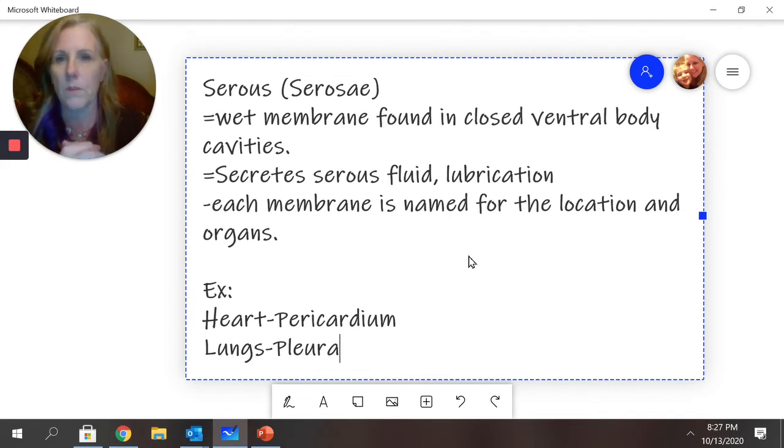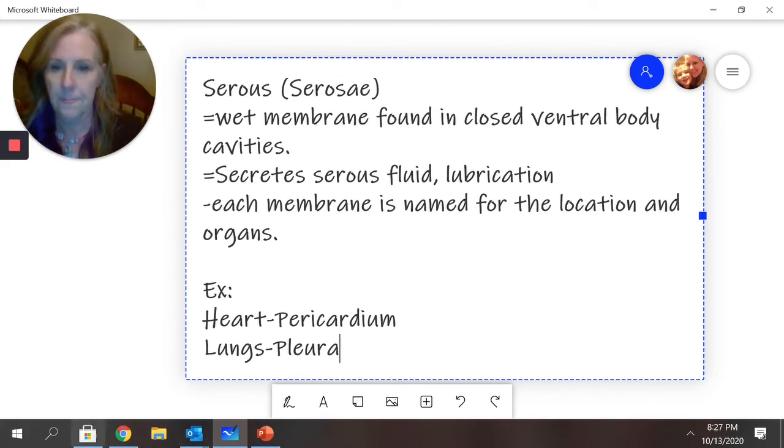If the serous membrane wasn't there to provide the serous fluid for lubrication, there would be a lot of friction between those organs. And friction, when it comes to organs, means it hurts. So if the pericardium gets swollen, it no longer produces the fluid, the friction increases and it gets very painful. Sometimes people think that they're having a heart attack.